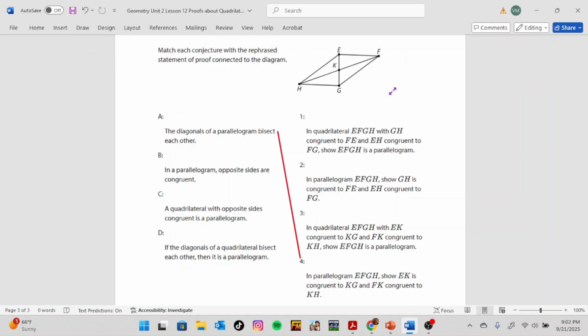Conjecture B. In a parallelogram, opposite sides are congruent. So now we want to talk about the sides.